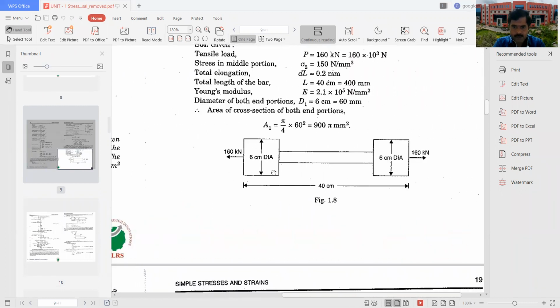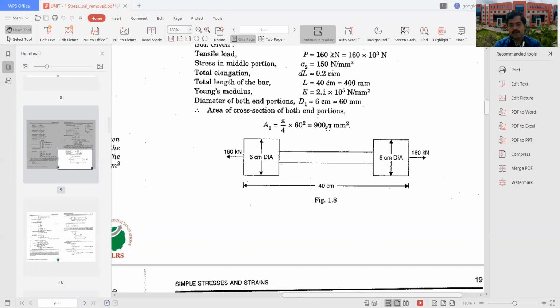So here you can see these two end portions, L1 by 2 here to here, L1 by 2 here to here. Suppose these two are considered as one section, so the length of this one is L1 by 2 plus L1 by 2, that is L1, and the diameter is the same, cross section 6 centimeter.